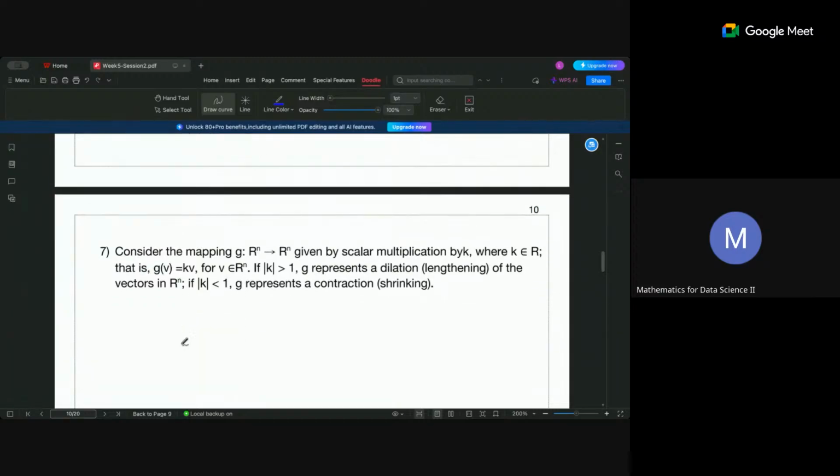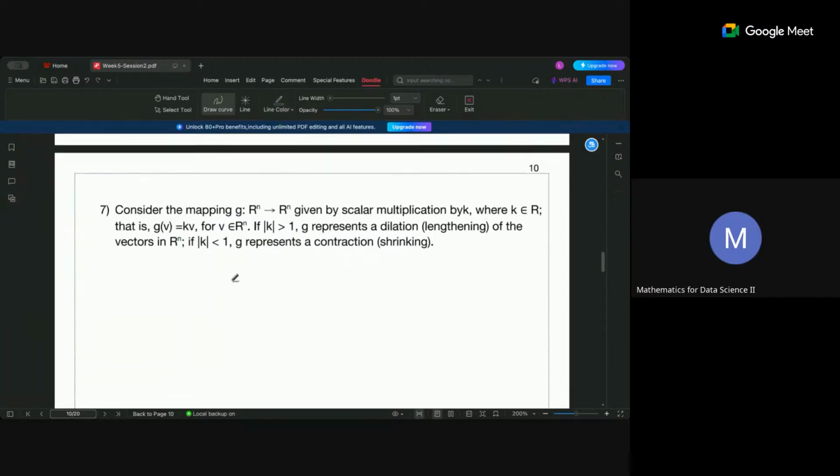So for example, in R2, what happens? In R2, you have already seen this concept, right? Suppose you are taking some vector, for example, this is the easiest to visualize.